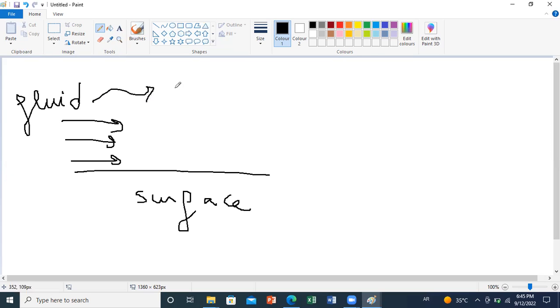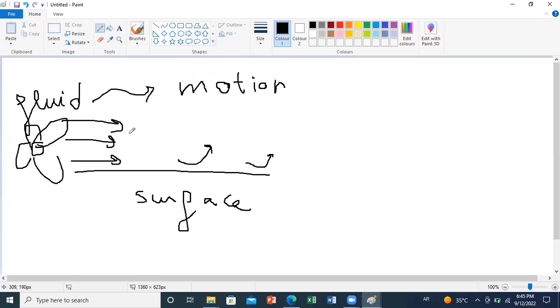It can move with small velocity or it can move with high velocity. And depending on the velocity, we can define if it's natural convection or forced convection. So if you have, for example, a room and you have air moving close to the surface at relatively small velocity, this is natural convection. However, if you have a fan that is blowing air on the surface, then you have forced convection.